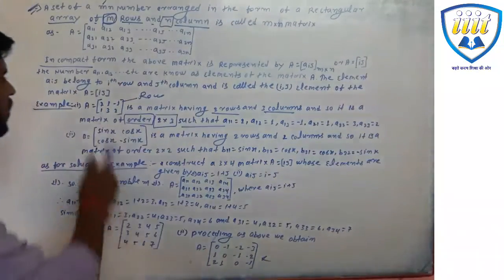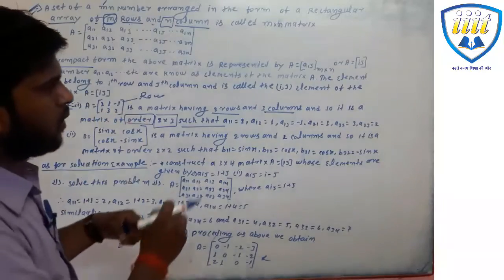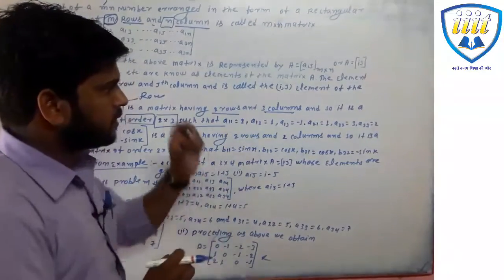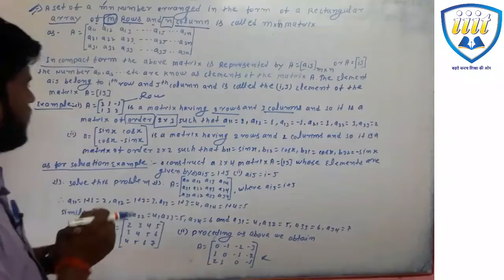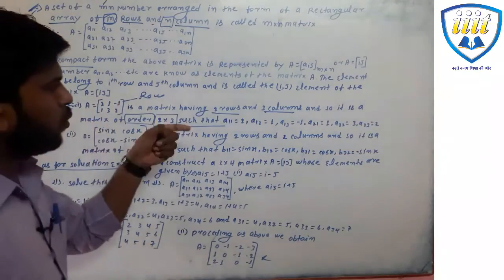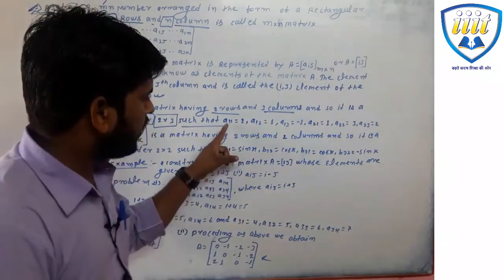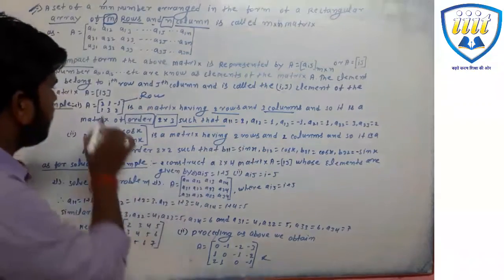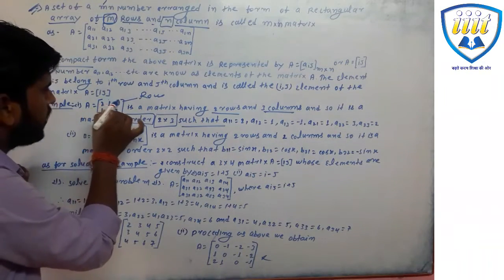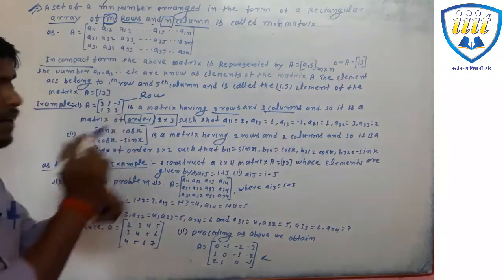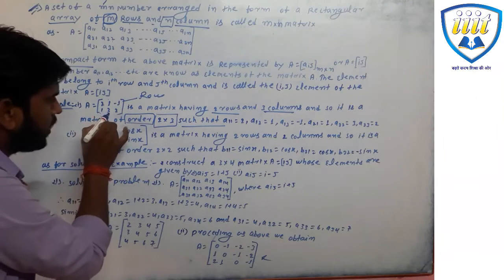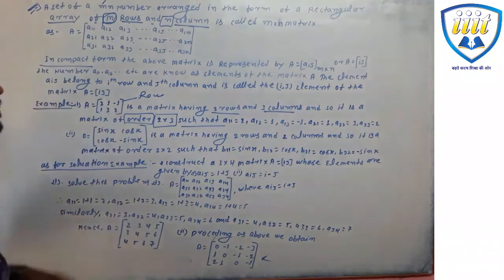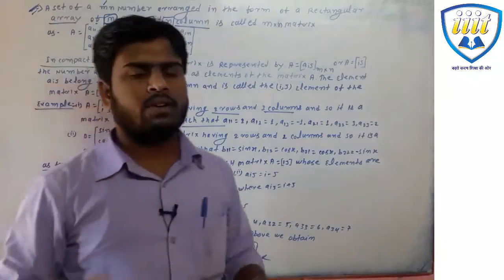As for example, a 2 by 3 matrix has elements A11, A12, A13 and A21, A22, A23 as the matrix rows.